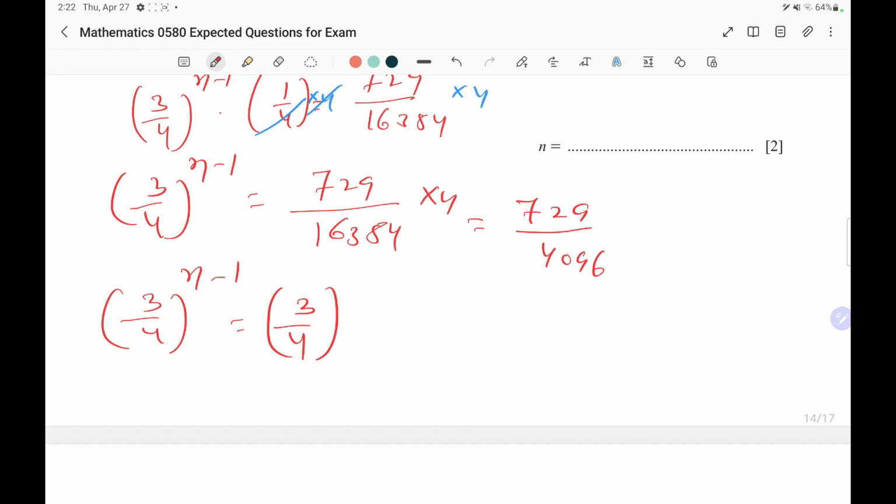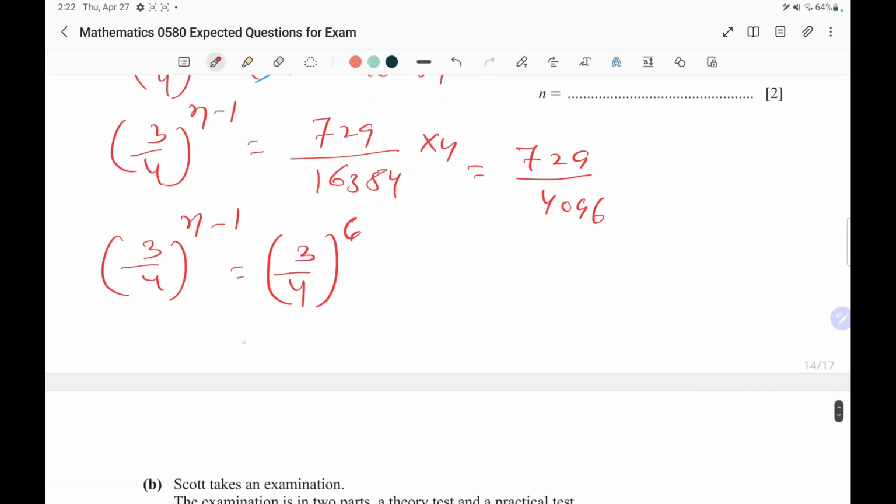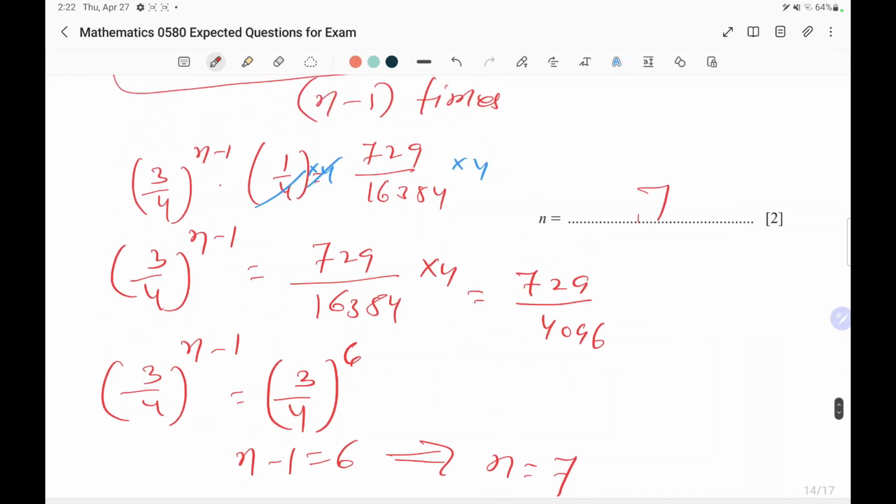Now when I put 6, I get 729 over 4096. So (3 over 4) to the power n minus 1 is (3 over 4) to the power 6. So n minus 1 equals 6, n equals 7. So here n should be 7.